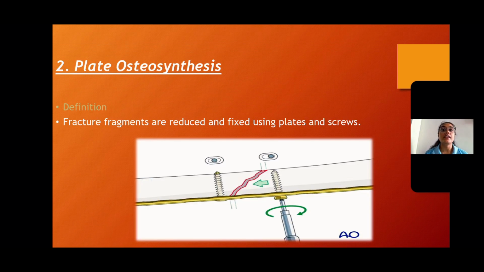The second type of operative management is plate osteosynthesis. In the plate osteosynthesis method, we use a plate for fixation of the fracture. Fracture fragments are reduced and fixed using plates and screws. For example, here is the shaft of the femur.